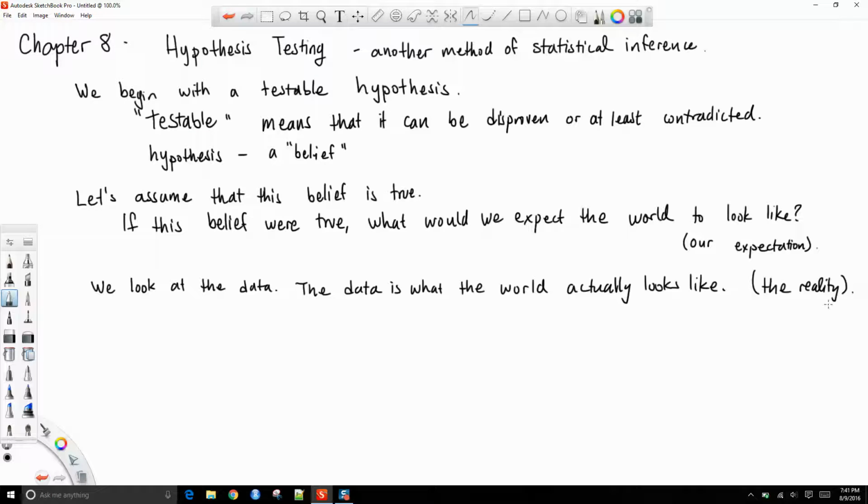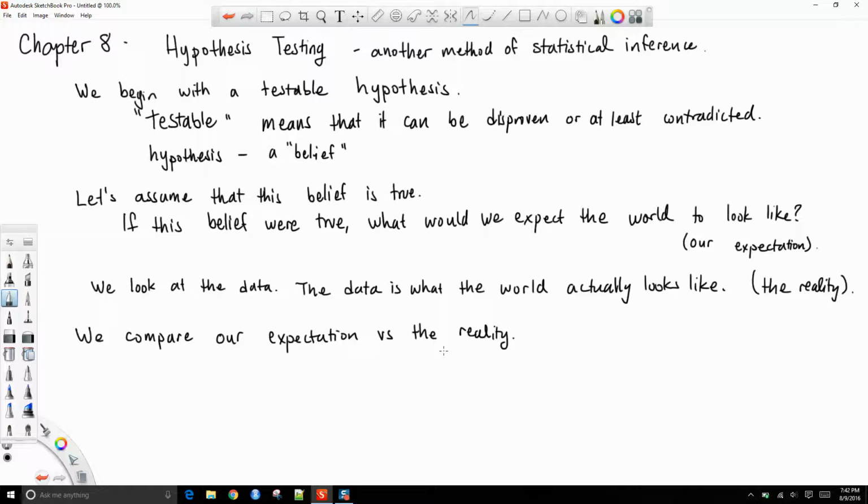And so we compare our expectation versus the reality, right? And this is where we do the testing, okay? The testing is really, we compare the expectation versus the reality, okay?